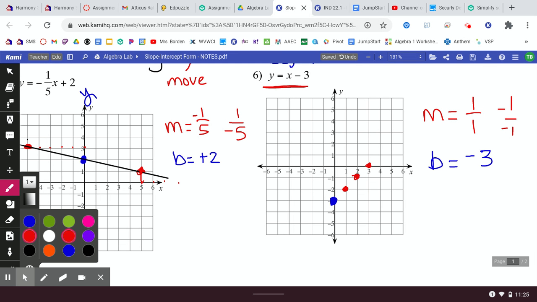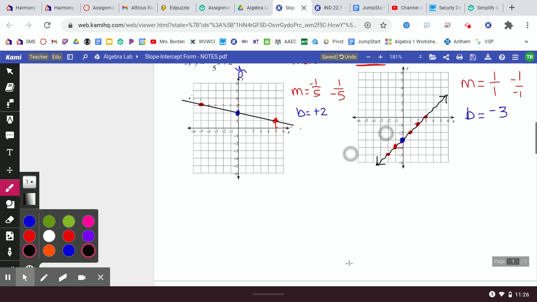So not only can I go up 1 and to the right 1, but I can fall 1 and go backwards 1, and I'm on that same point. I'm on that same line. And I can do that forever. Fall 1, go backwards 1, and you'll notice they're all lined up because they're all part of that same linear equation. Okay? All right, now I'll flip over to the back.